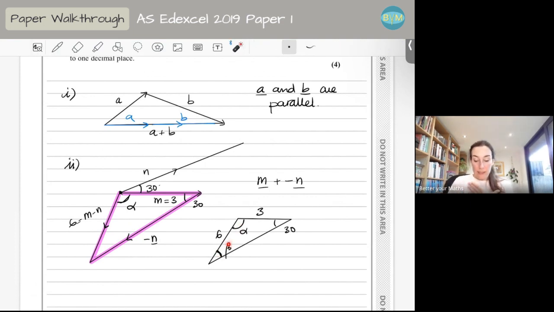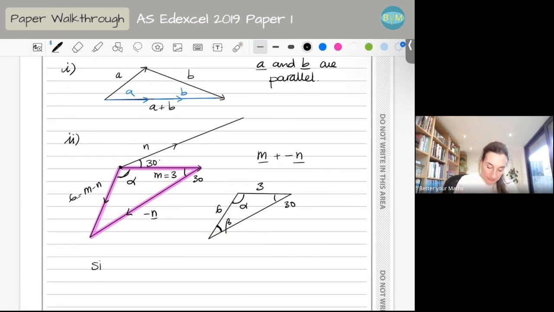But I think the best way is finding this angle with the sine rule because I have the opposite side and I have the angle on the opposite side. So let's do that. Sine 30 divided by the opposite side, which is 6, is going to be sine beta divided by the opposite, which is 3. From here, I find beta.